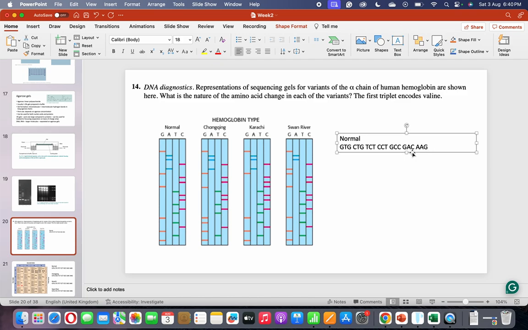So if we go back to the question, what it is asking is, there are sequencing gels for different variants of hemoglobin, and it's asking what is the amino acid change in each variant. Similarly, we can read the sequencing gels for each of the variants. I'll just do one more.